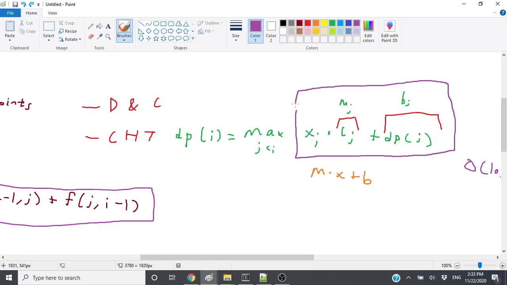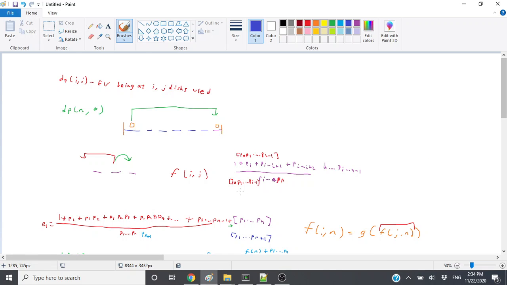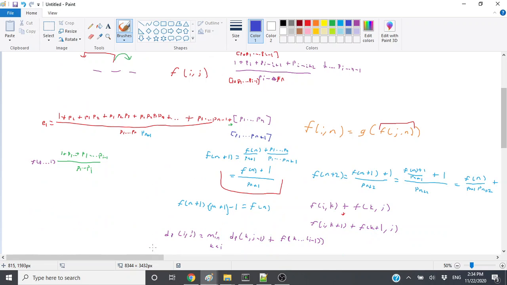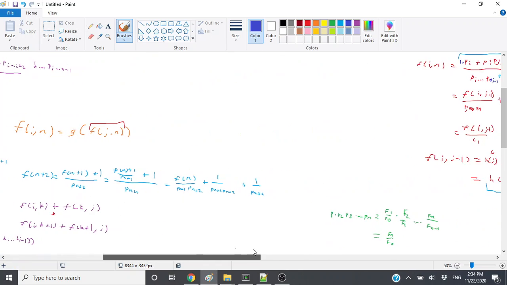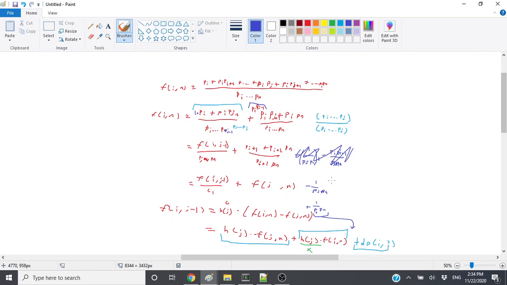We have some value x_i and some values m_j and b_j for each previous value j. We want to create a line that only depends on the value of x for a specific i. And that's where this massive page of scribbling math comes in, me trying to derive a formula for this. And here's where it ends up.